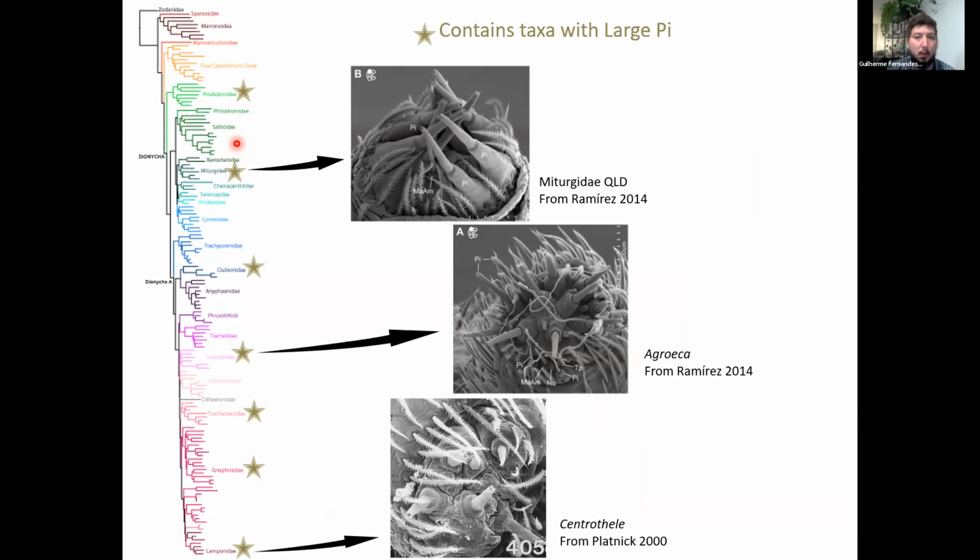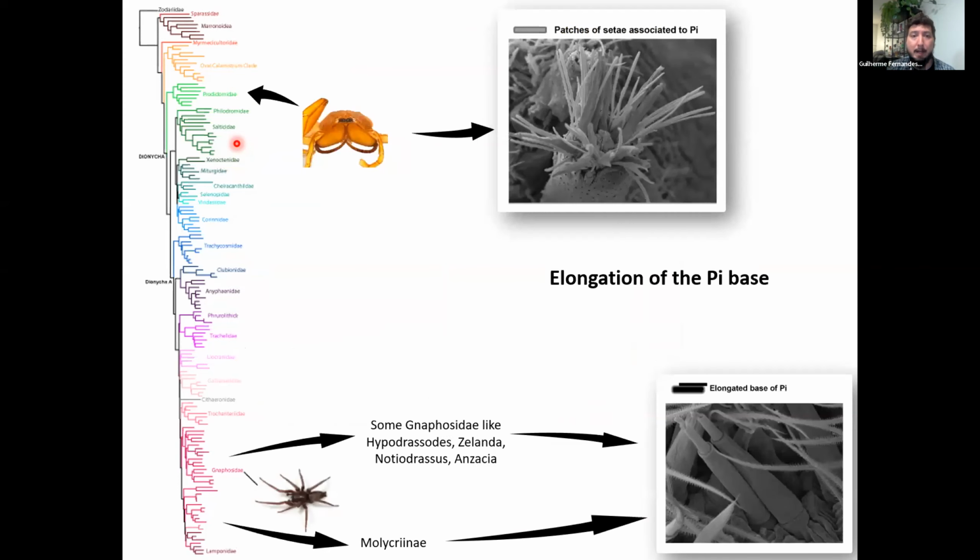All these stars here show families in which we may have some kind of enlargement of piriform gland spigot. But the piriform spigot in Prodidomids, Milliconines and some Gnaphosids here have this condition, the elongation of the base, that's not common in other families.